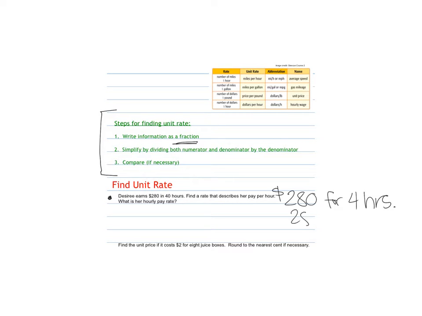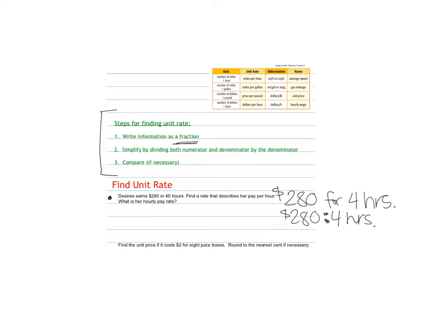We could also say $280 to 40 hours. So these are ratios because it's talking about money, like however much money to however many hours. This is also a rate. So rate and ratios kind of are interchangeable, but a rate is saying, yep, she made $280 in 40 hours.